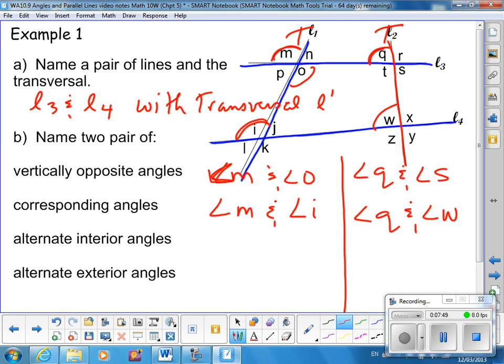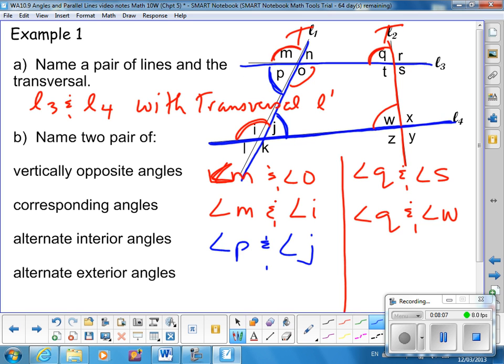Alternate interior angles. So this time let's look for angle P because it's an interior angle. And alternating sides, so P is on the left, I need to look for angle J on the right. It has to be inside the lines here, so it has to be an interior angle.